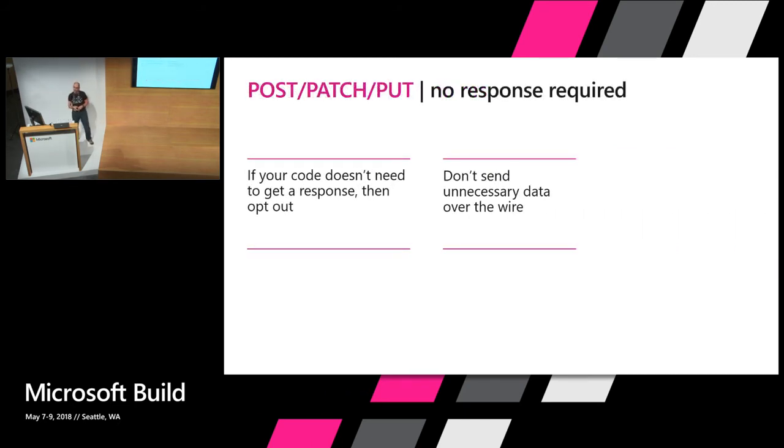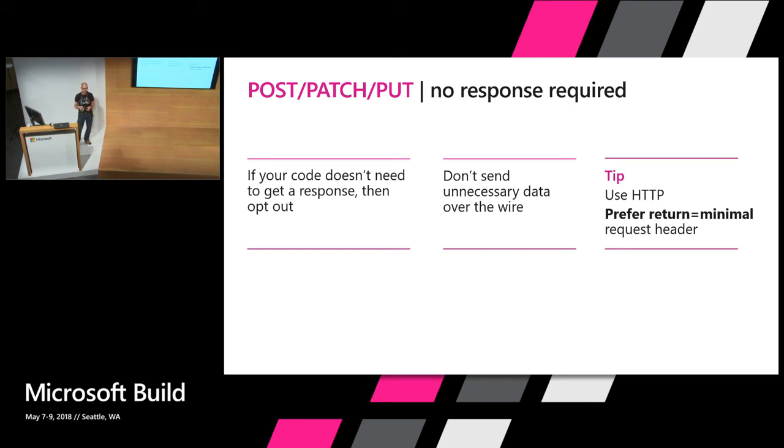Again, on this same theme, for some of the write operations like post, patch, and put, if your code doesn't actually need to see a response, you can indicate to the service, through an HTTP request header, that you prefer a minimal return format back from the service.